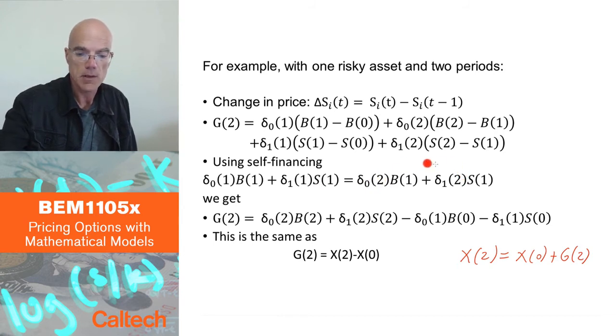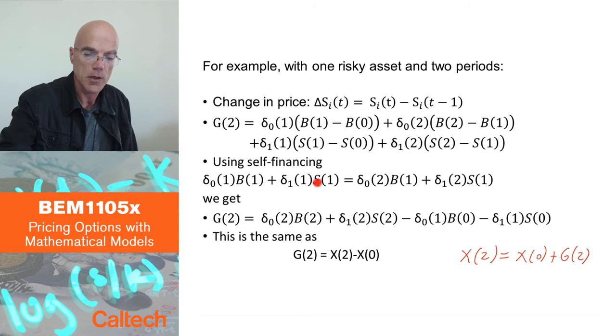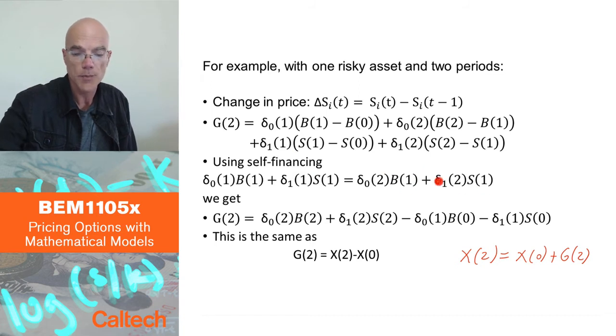Okay? That was the self-financing condition. Before changing and after changing deltas, I have the same amount of money. So if I use that, these two guys, delta 0 1 b of 1 and delta 1 1 s of 1, there is one here, there is one here. Right? So I'm going to replace them with these two guys. And I actually have them here, so they're going to cancel.